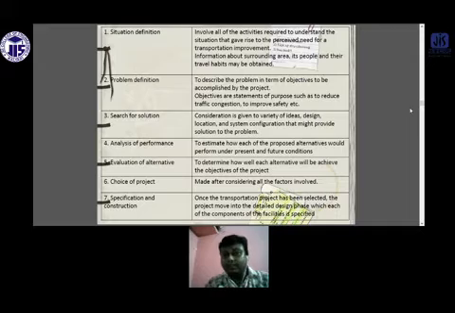Next, the objectives are statements of purpose, such as to reduce traffic congestion, to improve safety, etc. Search for solution: consideration is given to a variety of ideas, designs, locations, and system configurations that might provide the solution to the problem. Analysis of performance estimates how each of the proposal alternatives would perform under present and future conditions.